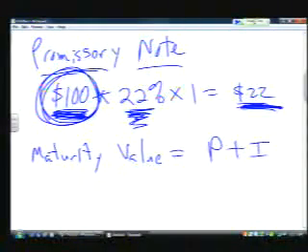So what is the maturity value in this case, Rachel? $122? Correct. $122. So that is the maturity value in this case.